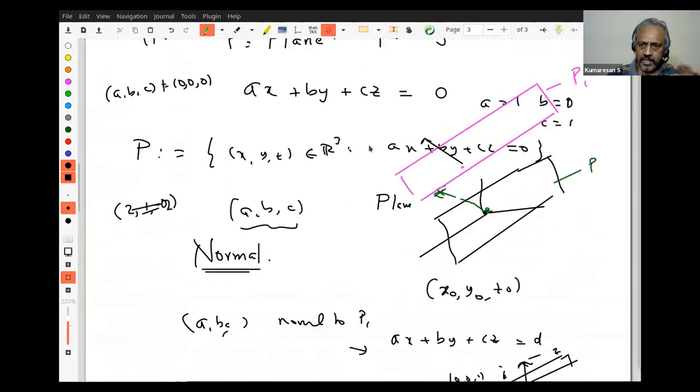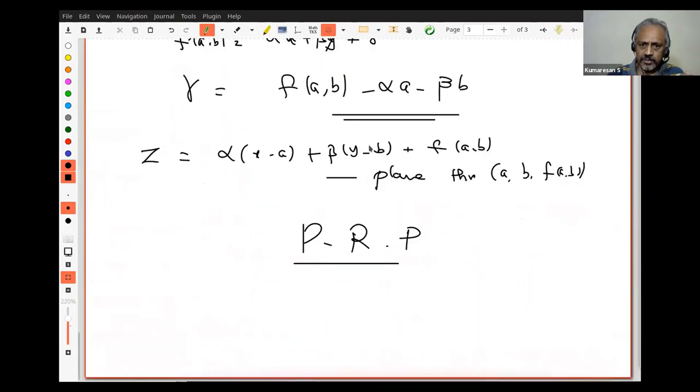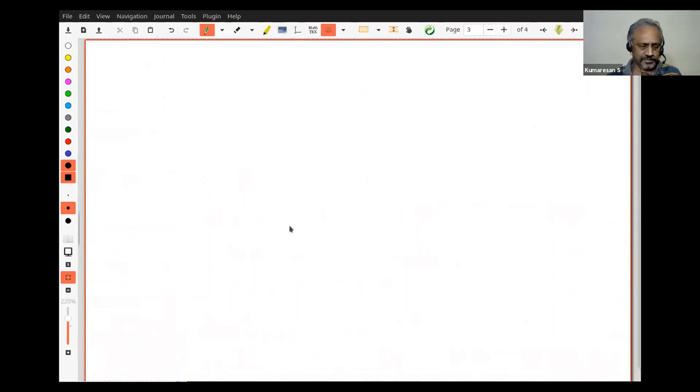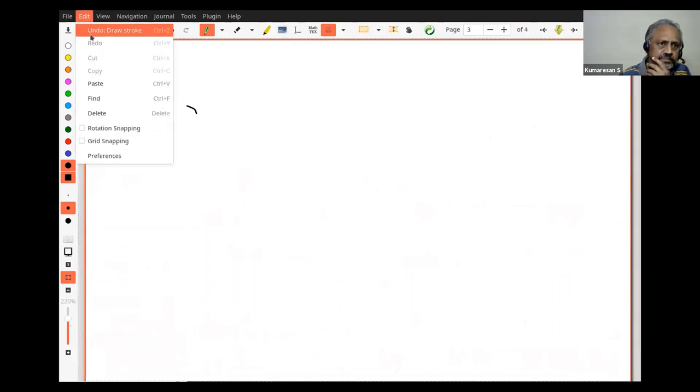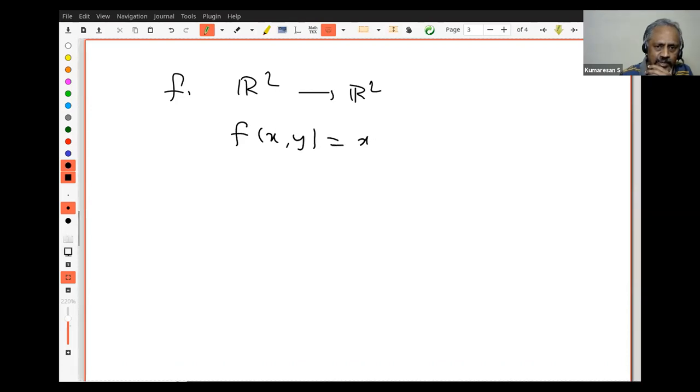There is another thing which you will come across perhaps tomorrow, but let's move on to play with this notion. I'm going to look at a function f, from R2 to R, which we have seen already: x times y.